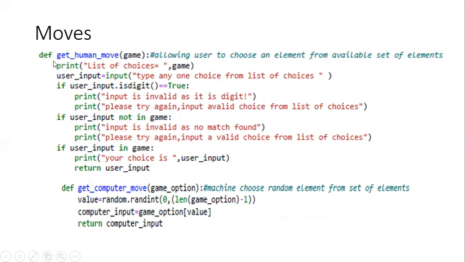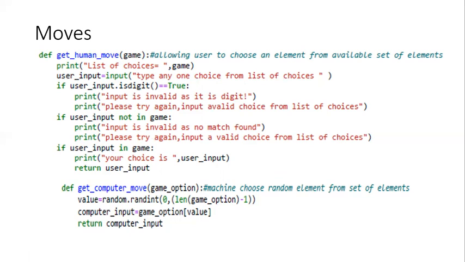This is an input. This is a move. Human move means the human will choose an item from the available list of elements given. See, there is an option for the user to define how many times he wants to play.